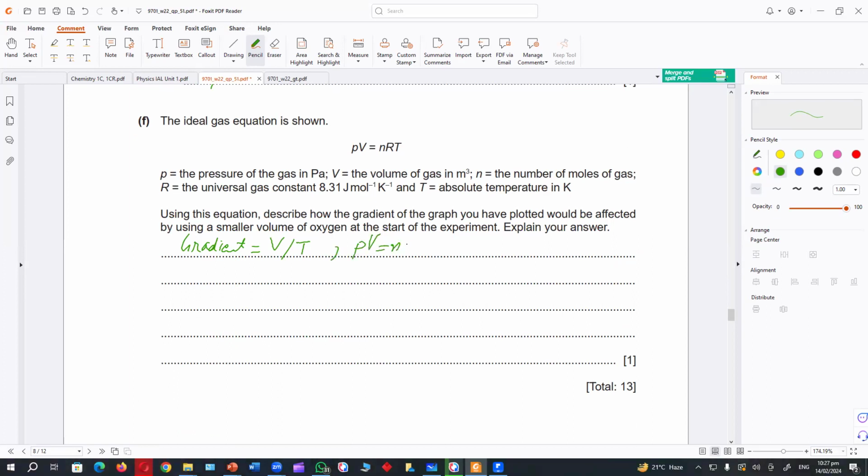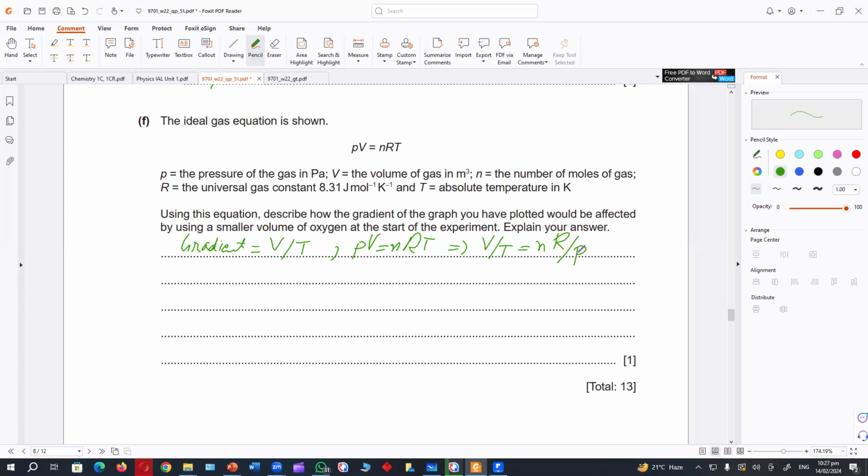PV is equal to nRT. So V upon T is equal to nR upon P. By using a smaller volume of oxygen gas at the start of the experiment.